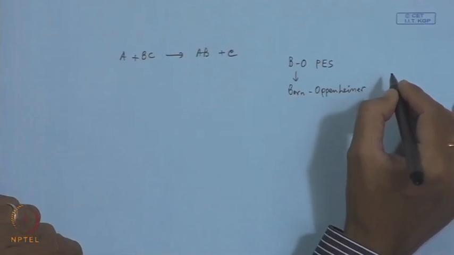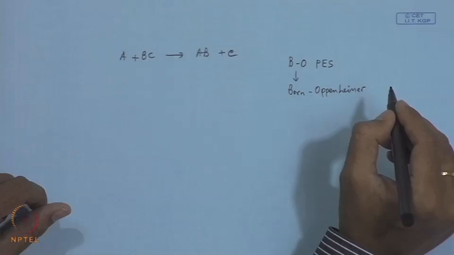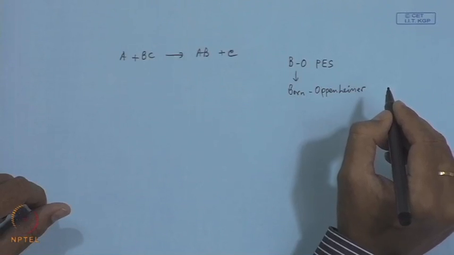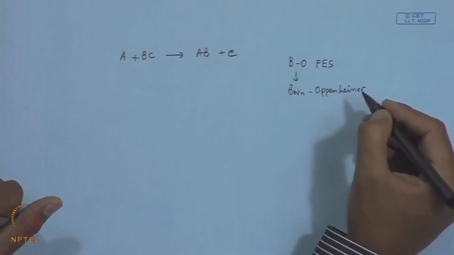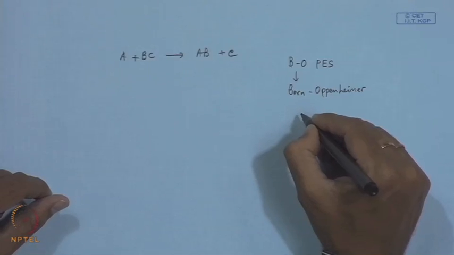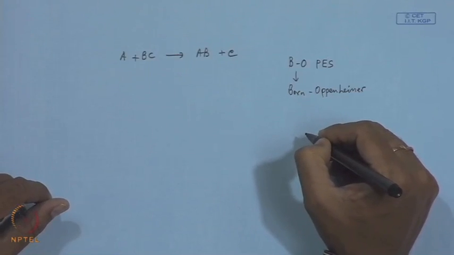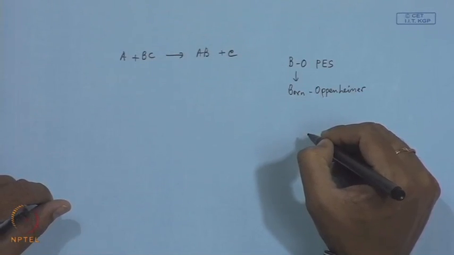Now in quantum mechanics, the total wave function has got this electronic part, vibrational part, rotational part, and nuclear part.